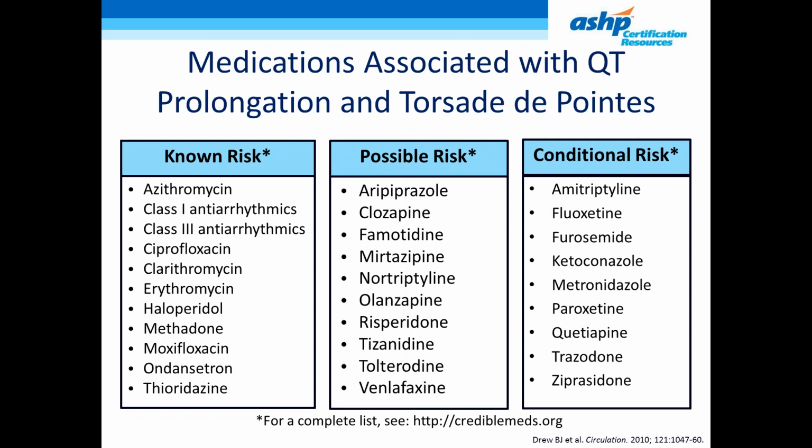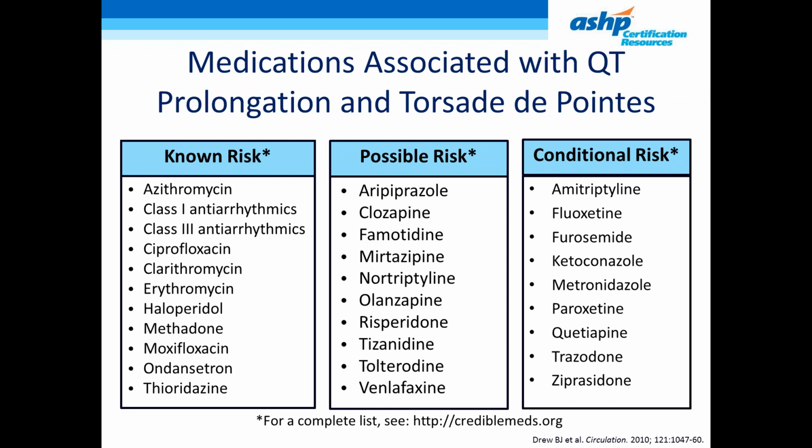There are many medications associated with QT prolongation and this risk of ventricular arrhythmias, and specifically torsades. These are generally broken down into those drugs with a known risk, those drugs with a possible risk, and those drugs with a conditional risk. Now, what is interesting to note is when you look at the medications that can prolong the QT interval, it is not restricted to those medications that really only act on the heart, if you will.